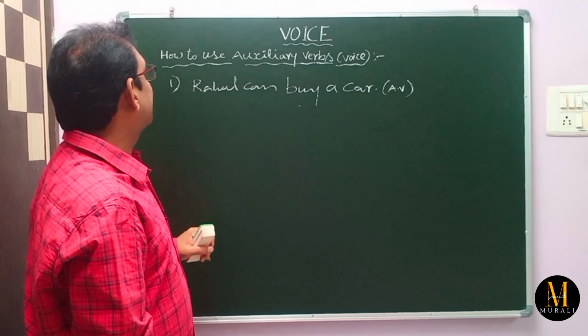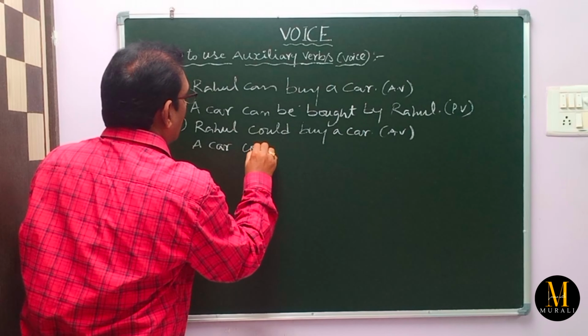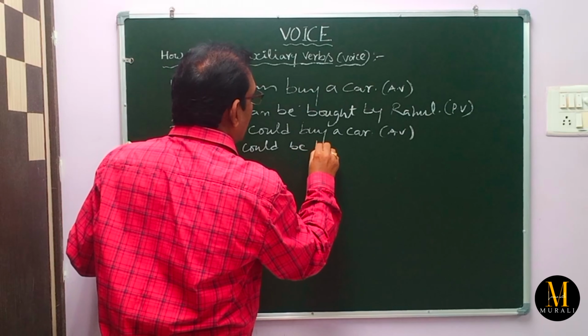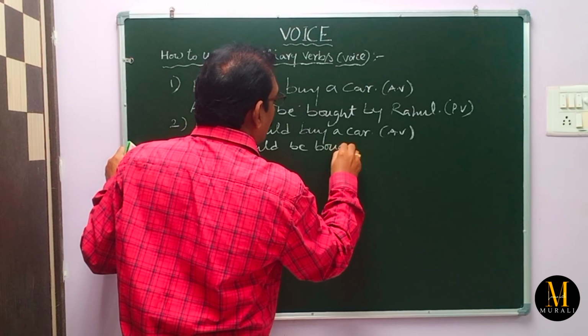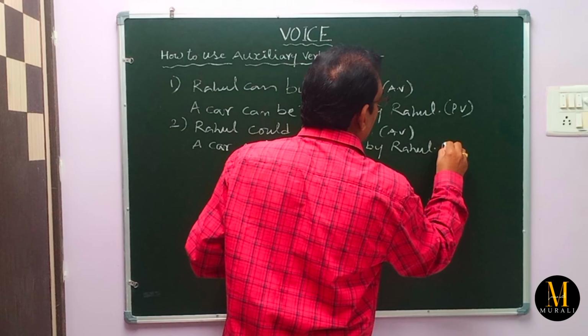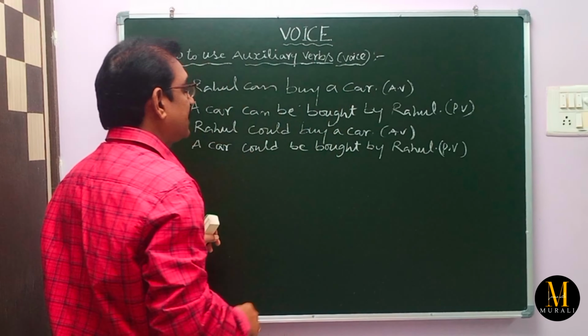This is passive voice. Okay. Second one. Rahul could buy a car. Next, change into passive voice: a car could be bought by Rahul. This is passive voice.